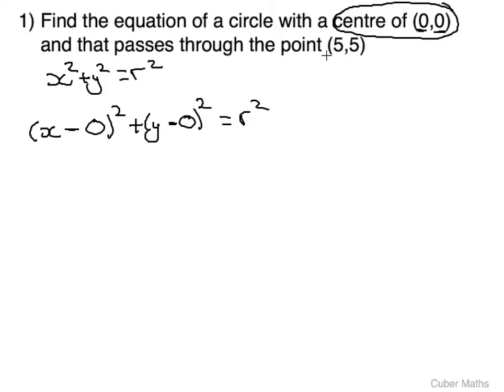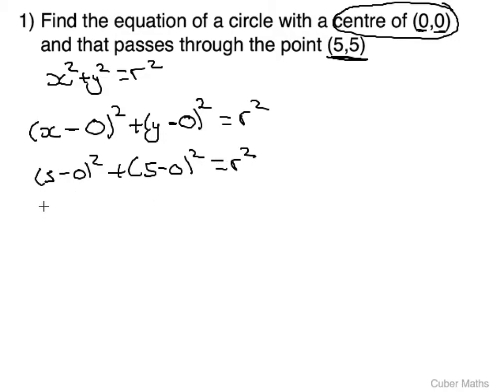And here we're trying to find r squared in order to complete our equation. So what we need to then substitute in is the point it passes through, because if we substitute that into our x and y values, the only unknown is going to be r, so therefore we can solve it. Our first value for x is 5, so we're going to have 5 take away 0 squared plus y, which is 5, take away 0 squared is equal to r squared.